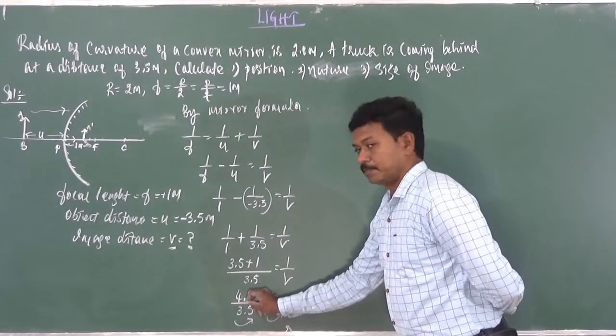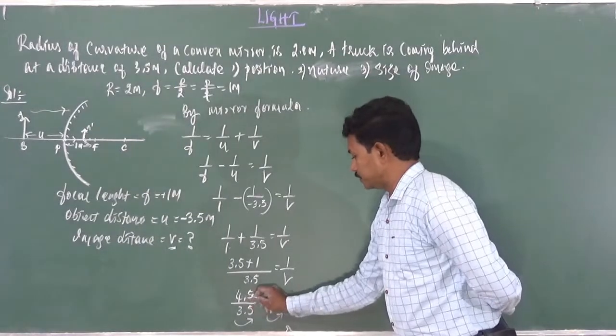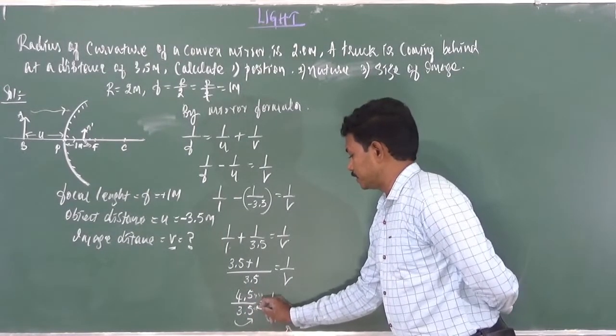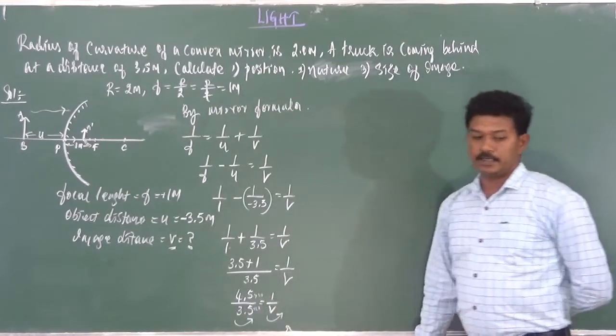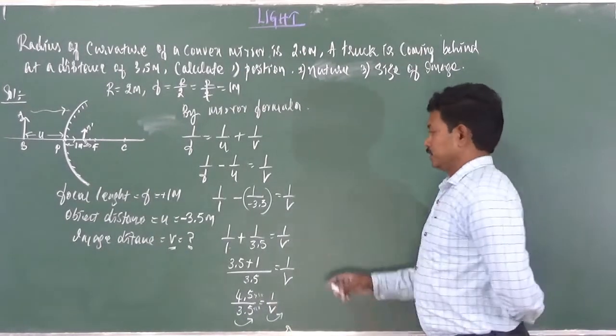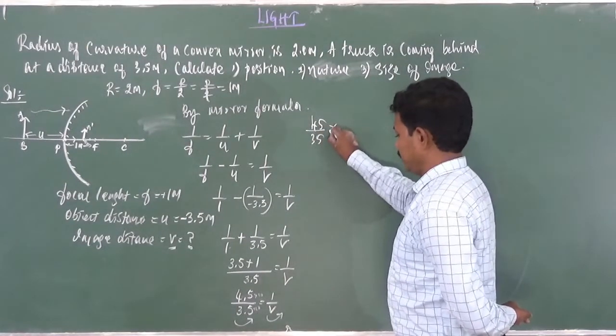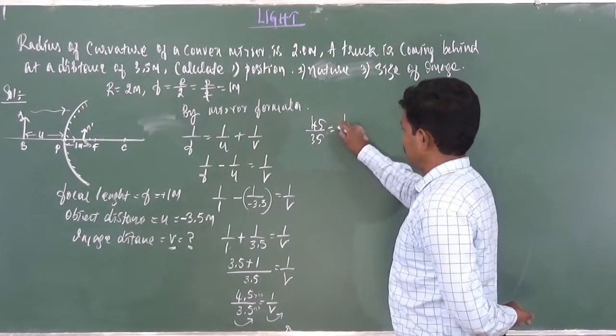After the point we have one decimal place in each. Multiply the numerator by 10 and also the denominator by 10, so that the value doesn't change. So that becomes 45 by 35 is equal to 1 by V.